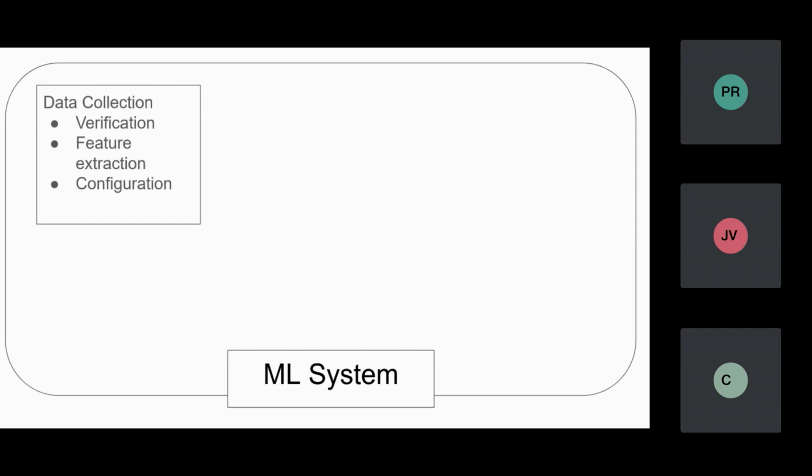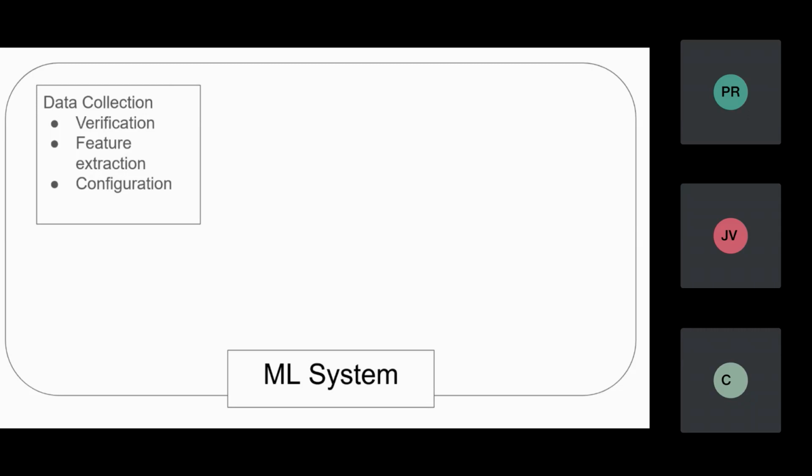So as discussed in the points before, we have an ML system, and we have the components in the ML system. We'll keep track of the components that we keep in an ML system. After discussing the data, we have data collection, where verification, feature extraction, and configuration are discussed and should be done.